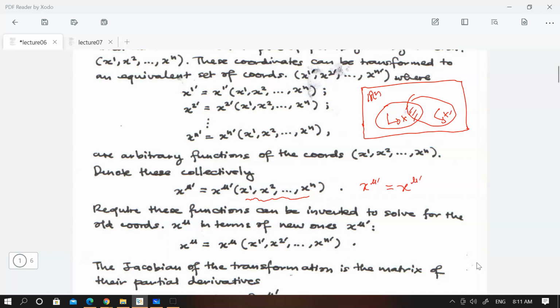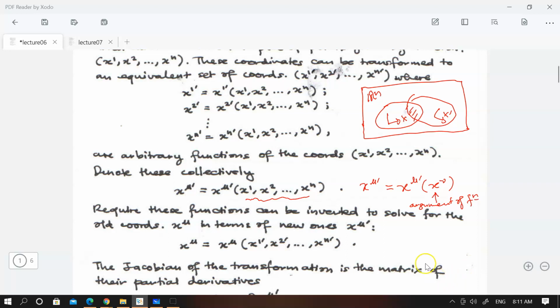So I will have something like this, and this is just the argument of a function. If you want to make it explicit, then you just write every one of these components down.